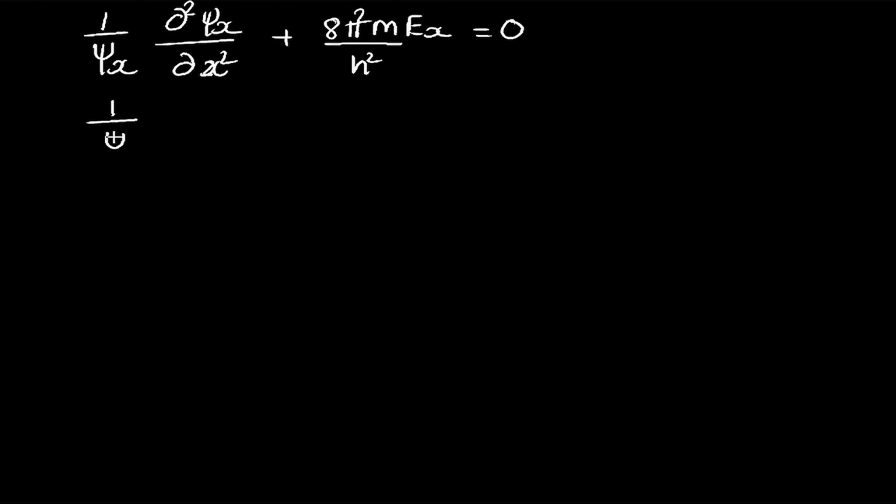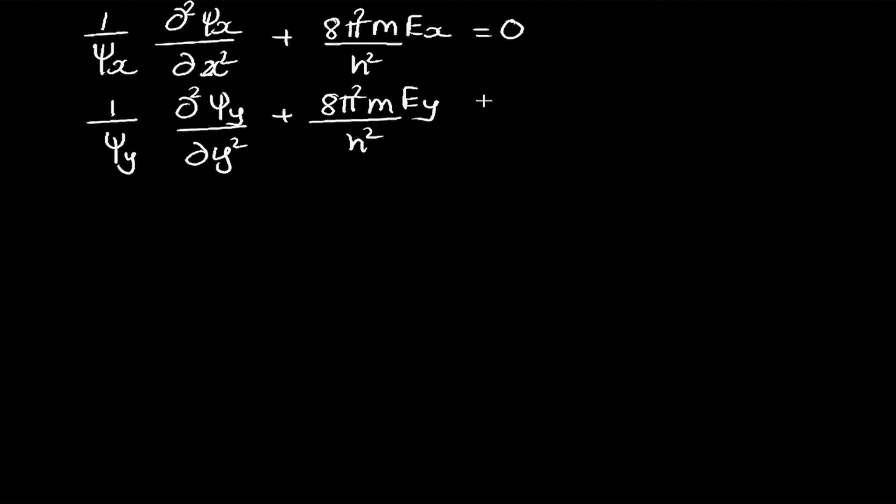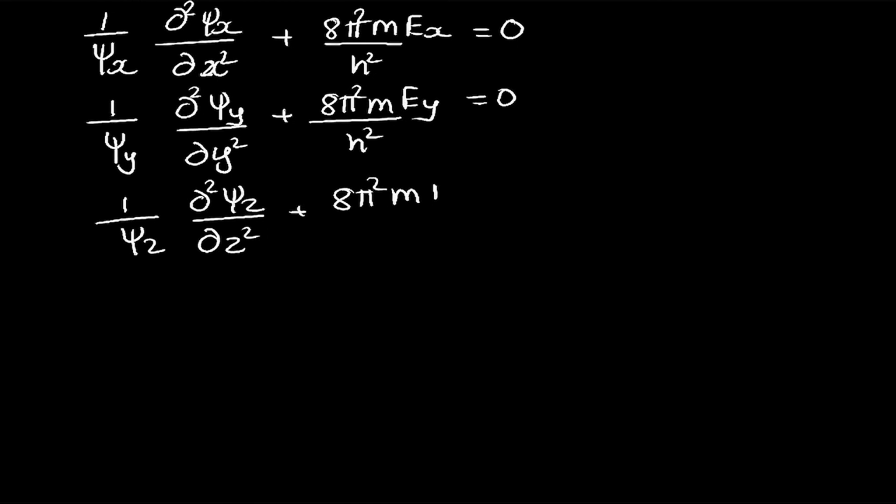Similarly, the second term is 1 upon psi y d square psi y by dy square plus 8 pi square m ey upon h square, and that is equal to 0. And the third term is 1 upon psi z d square psi z upon dz square plus 8 pi square m ez upon h square, and that is equal to 0.